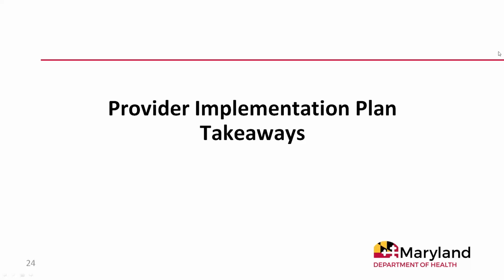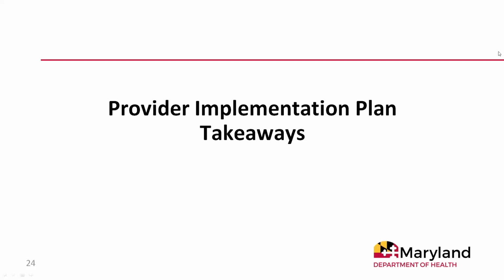All right, takeaway number 2. The DDA PIP form is an attachment in the DDA PIP policy found on PolicyStat. Takeaway number 3, SMART goals are smart. We want them to be specific, measurable, attainable, results-oriented, and time-bound.